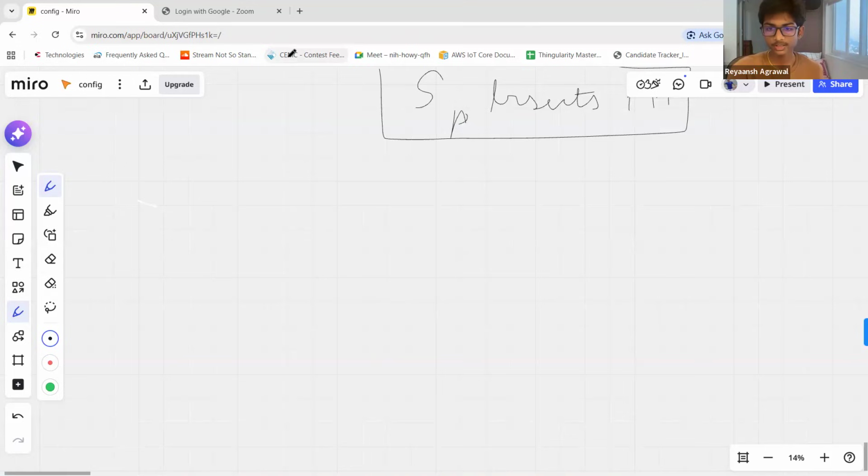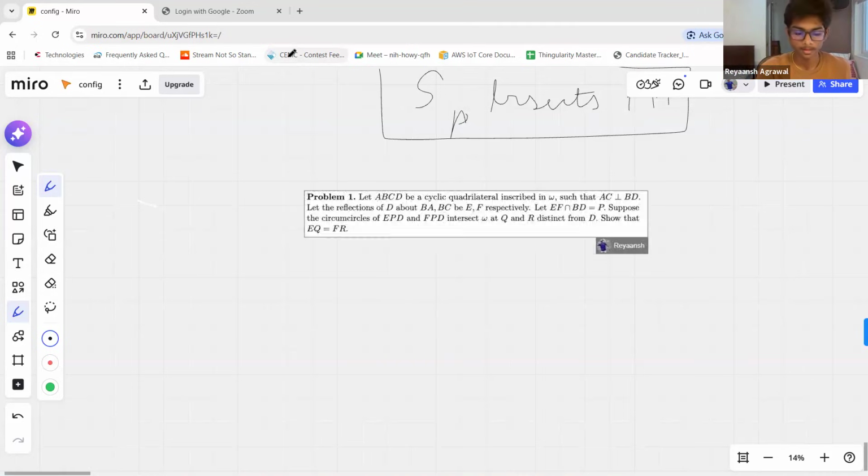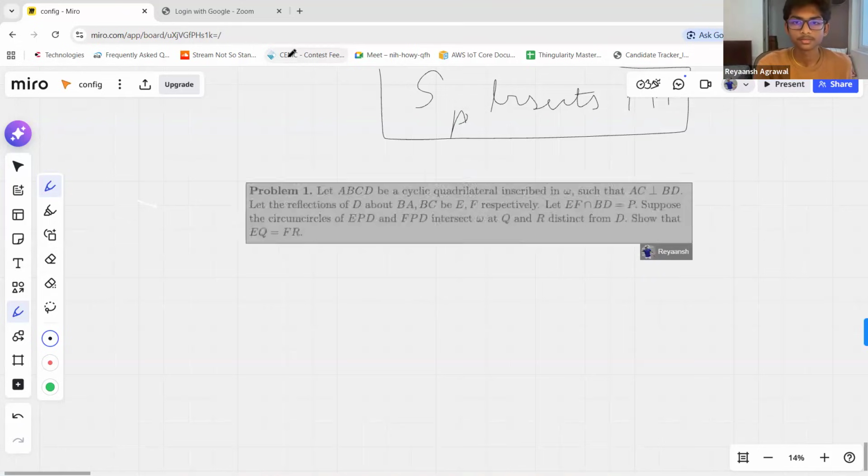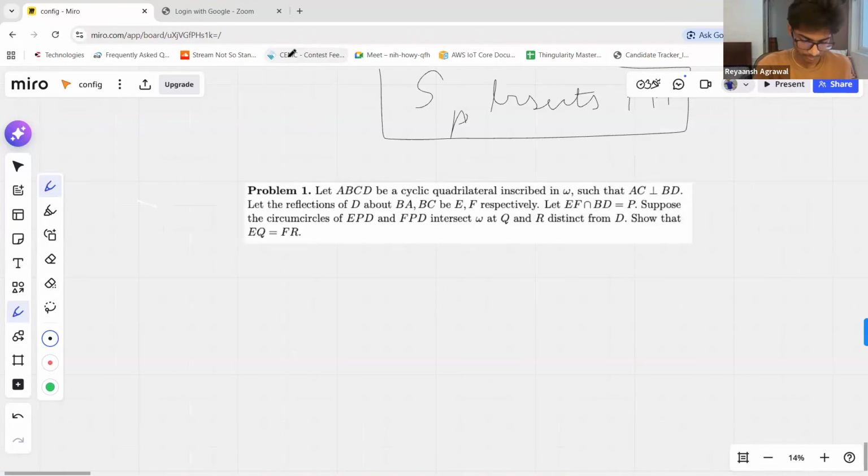So now we can actually do a problem. I'll just paste the problem. Give me a second. Is the problem visible? Okay. So the problem is here.